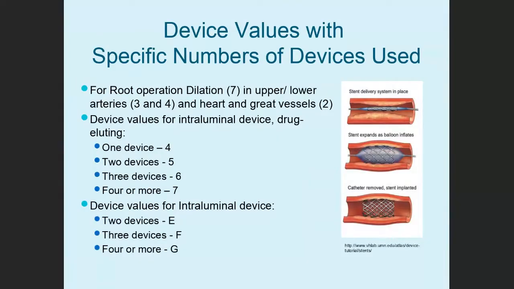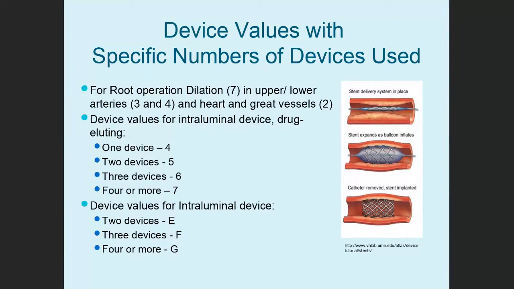Some device values include both the type of device and the number of devices used during the surgery. For example, in the upper and lower arteries and heart and great vessel body systems, the root operation dilation includes values with type of device and the number of devices used during that surgery.